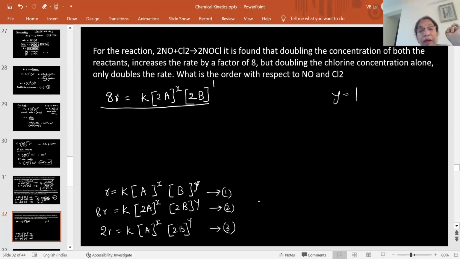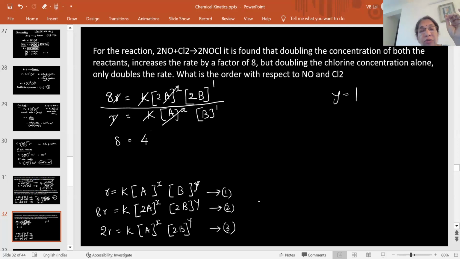And then I divide it by 1, so R is equal to K, A raised to X and B raised to 1. Now R and R get cancelled, K and K get cancelled, A raised to X and A raised to X get cancelled. Right? So 8 is equal to 2 into 2, that is 4 raised to X.